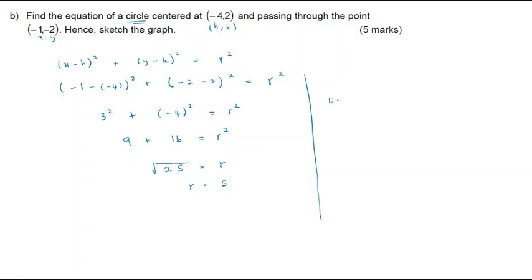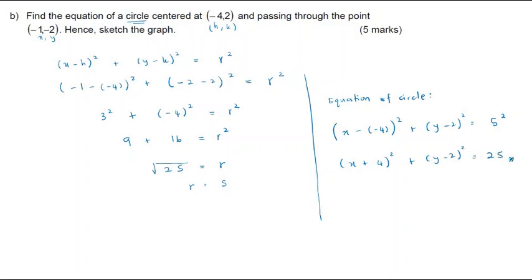So the equation of the circle is (x minus -4) square plus (y minus 2) square equal 5 square. So (x plus 4) power 2 plus (y minus 2) power 2 equal 25.